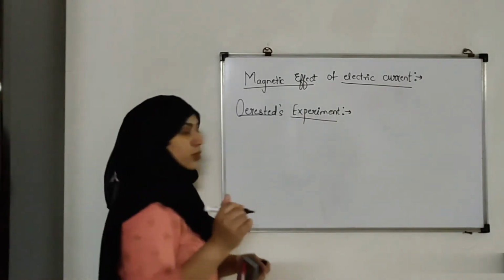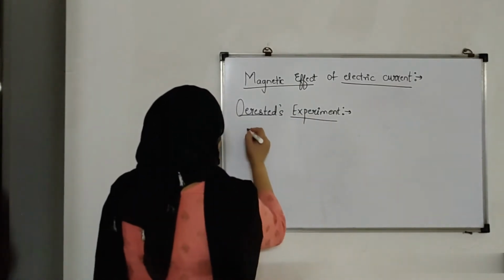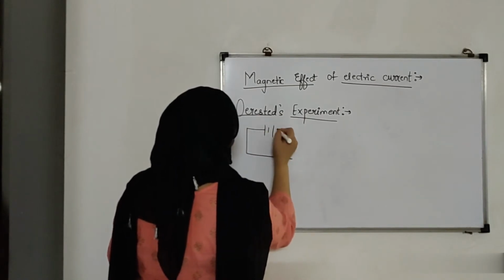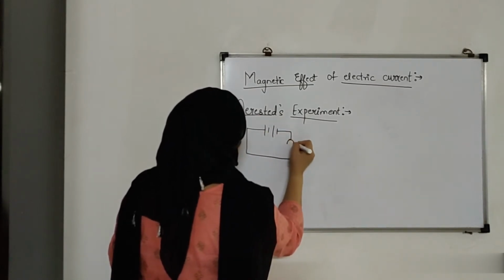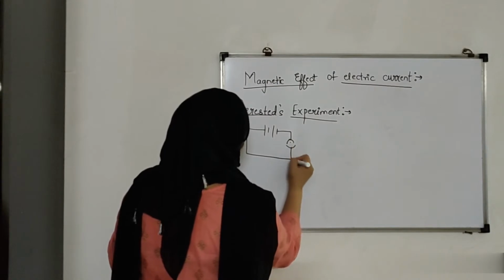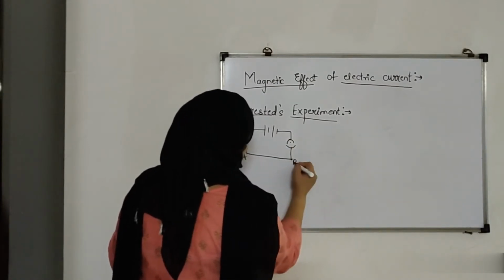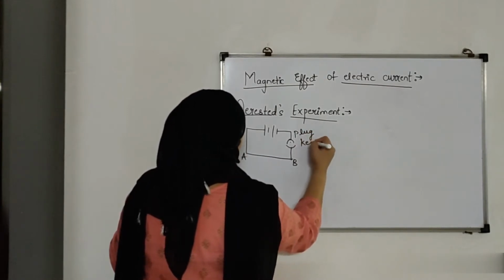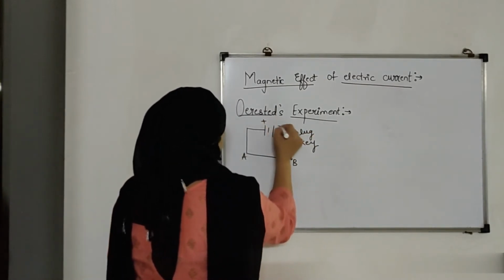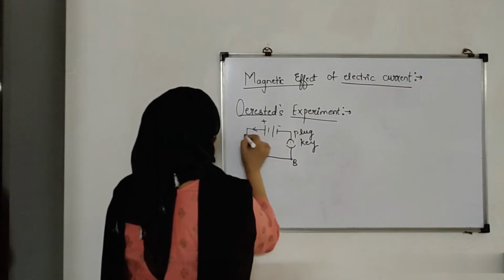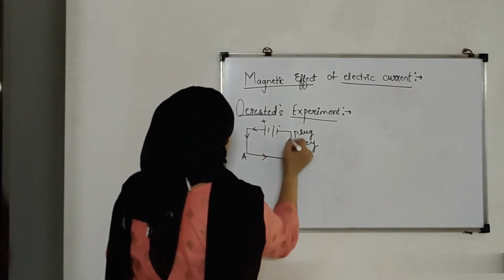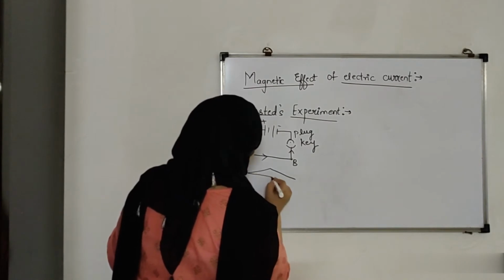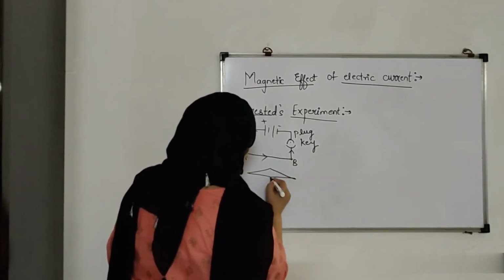Now what did he do? He took an electric circuit, and this is my electric circuit. These are my conducting wire A, B, plug key, this is my positive terminal, negative terminal. So the current is going to flow in this direction. And he kept a magnetic needle near the conducting wire.